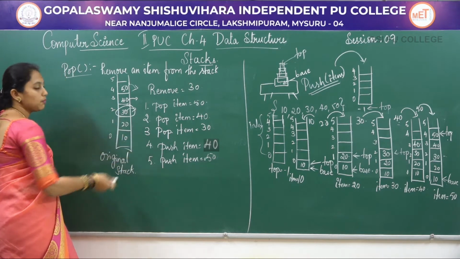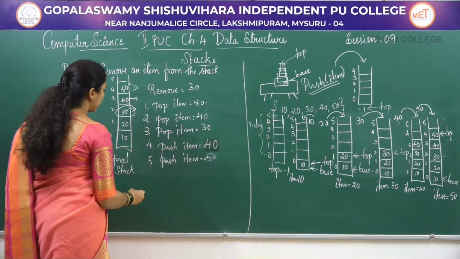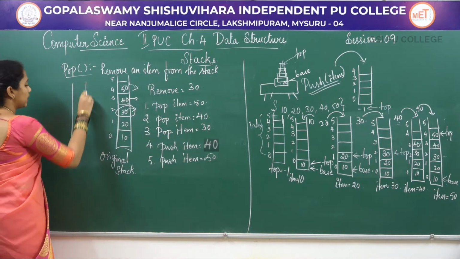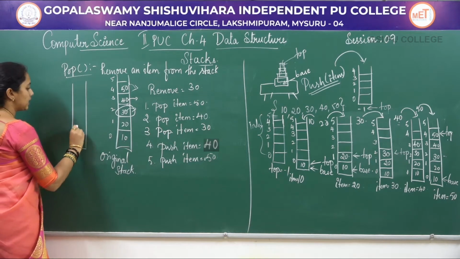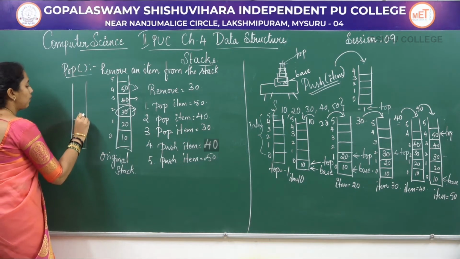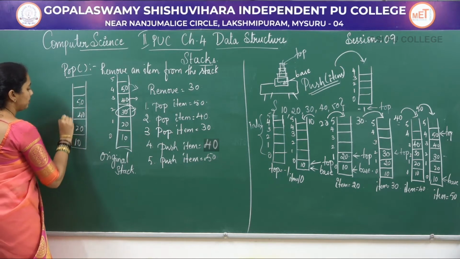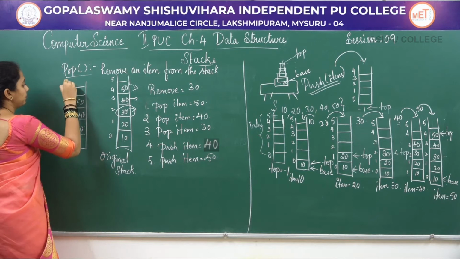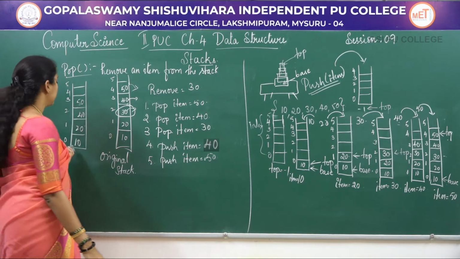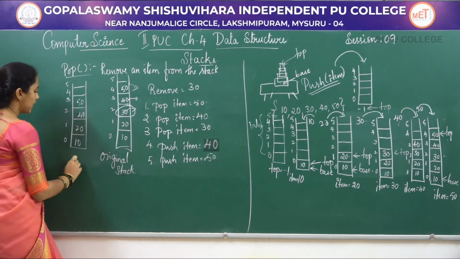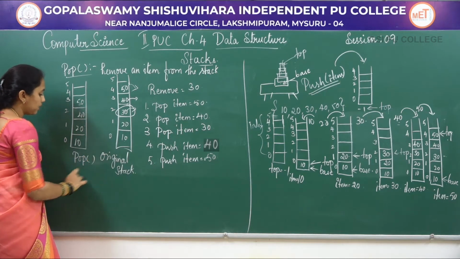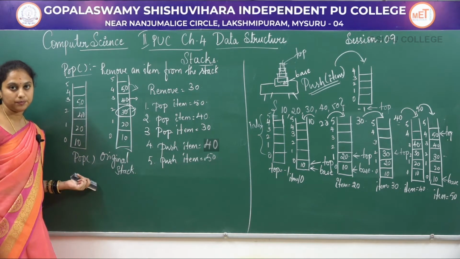After removing an item from the stack, what is our stack now? Our stack contains 10, 20, 40 and 50 as the stack items. So this is after performing the pop operation.